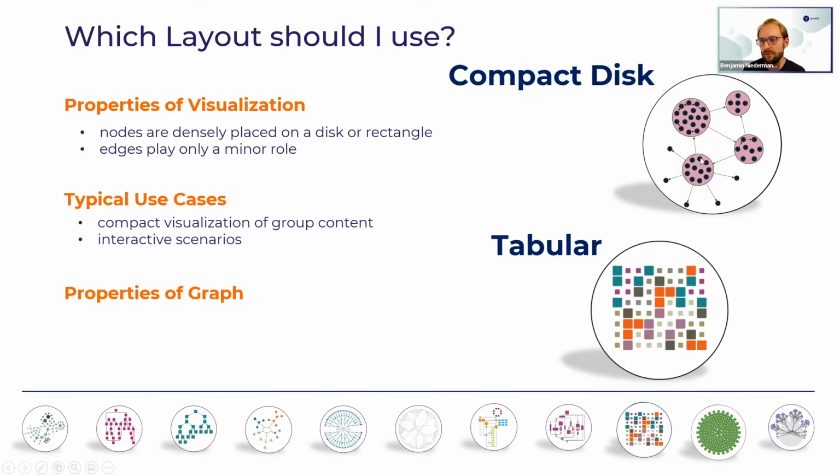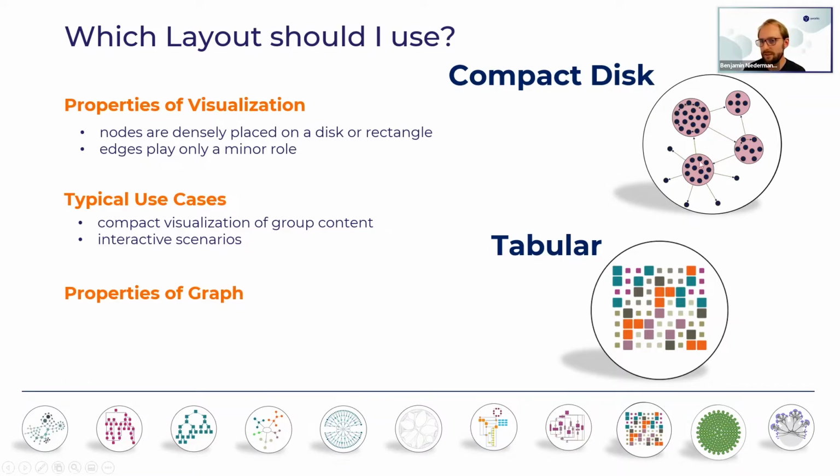Internally, you can place the child nodes using the compact disk layout. If they only have few edges, this works quite well. The sizes of the nodes already give you some impression how many nodes are inside of this group, and it gives you some kind of structure.